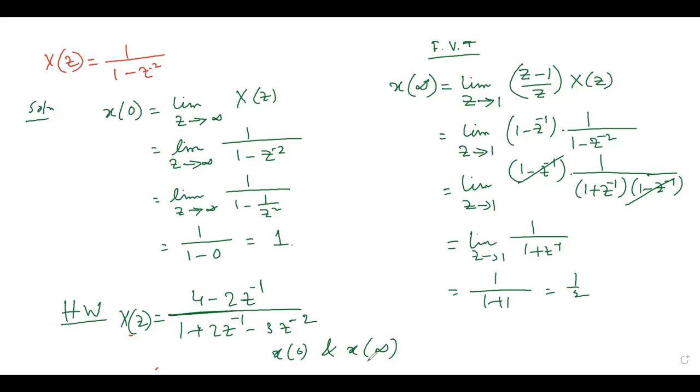You have to factorize this. You can factor the middle term, you can find the middle term. So find the initial value and final value of the discrete signal whose z transform is given by 4 minus 2z inverse by 1 plus 2z inverse minus 3z to the power minus 2.